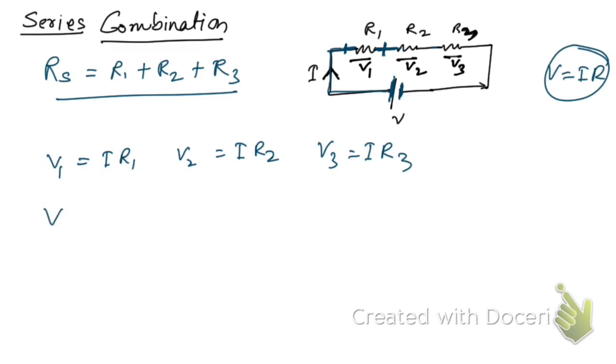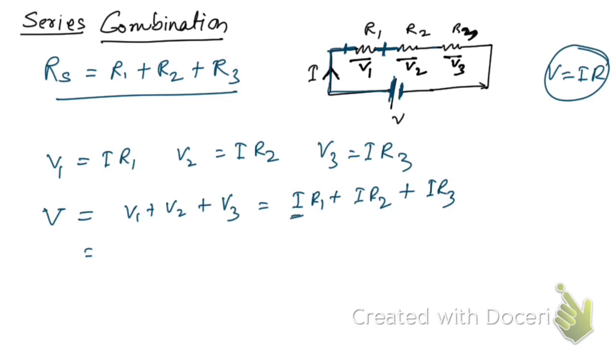And so V, the potential difference across this combination, will be V1 plus V2 plus V3, which is I R1 plus I R2 plus I R3. If you take I common, it is equal to I times R1 plus R2 plus R3.